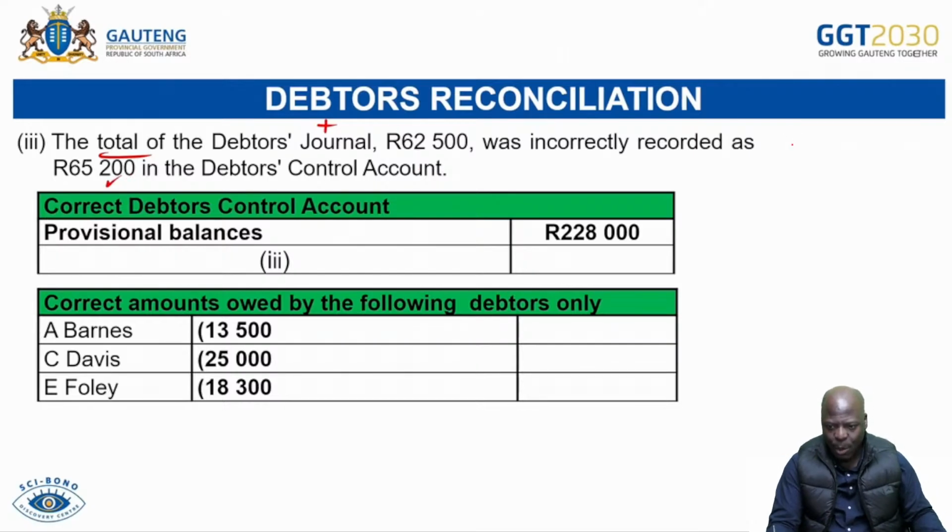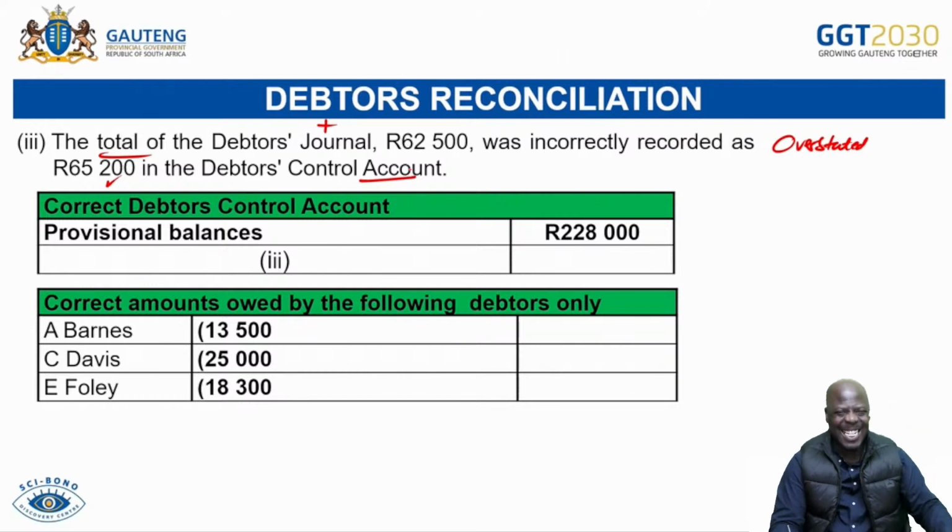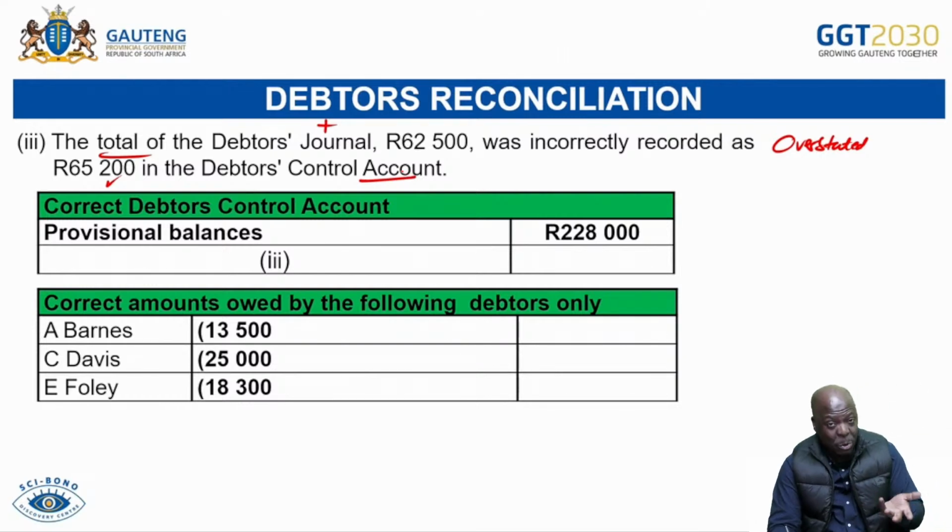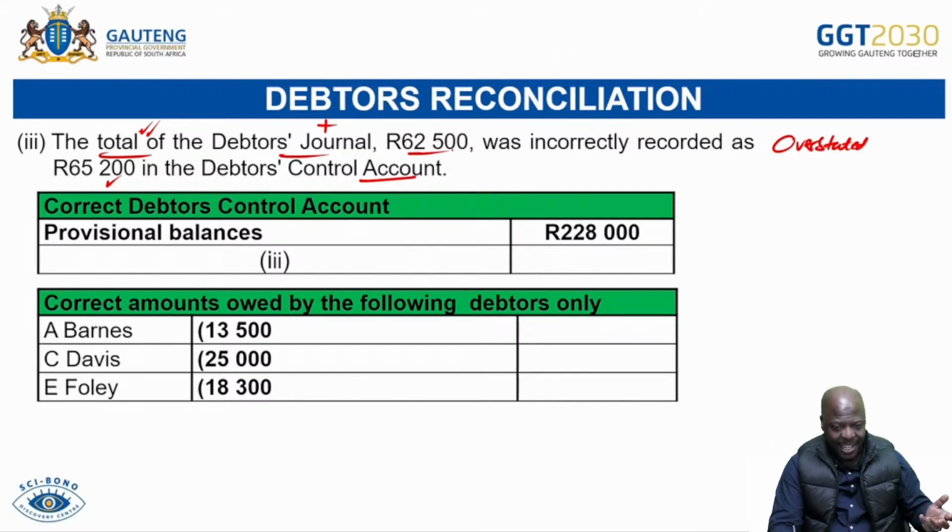So what are we dealing with here? An overstated amount in the debtors control account. We knew it was in the debtors control account because we're dealing with the total of the DJ, which is 62.5, but we recorded it as 65.2.